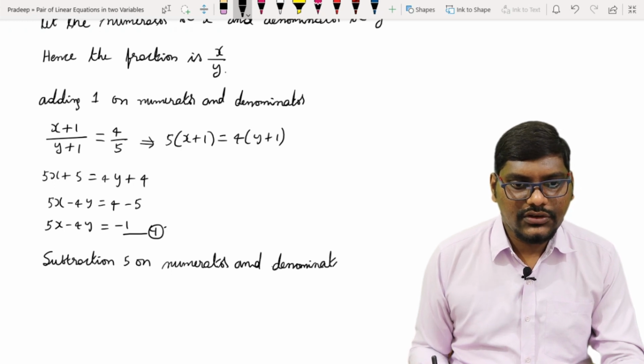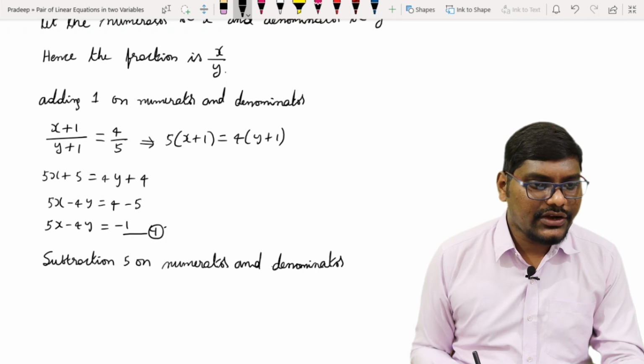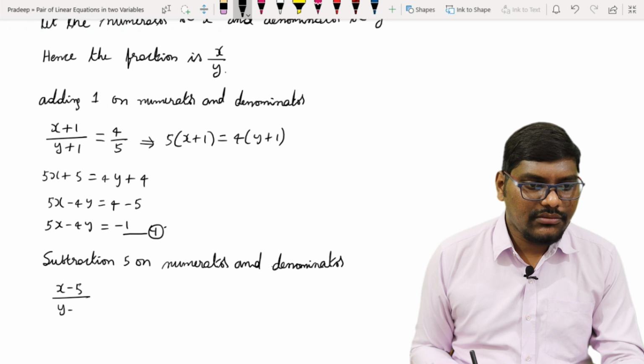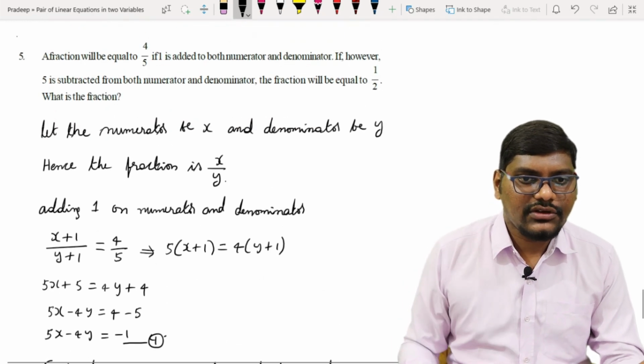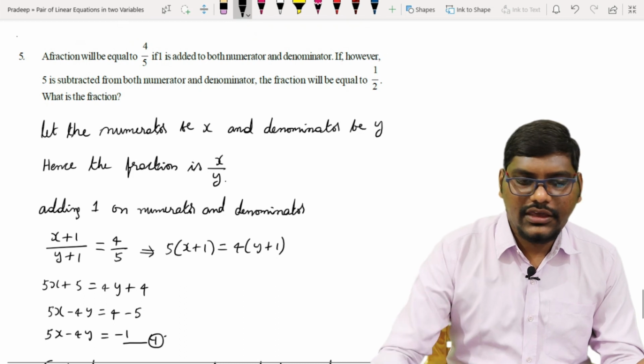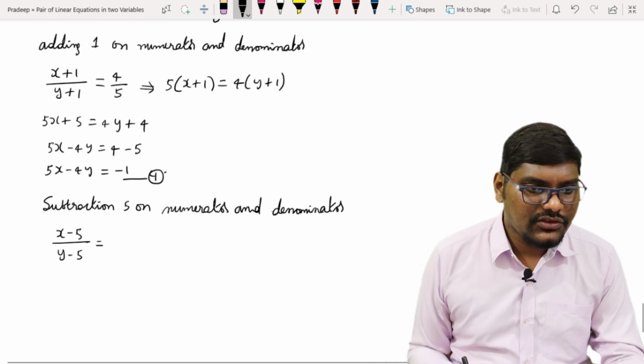So I can write (x minus 5) by (y minus 5) equal to, what have they given for subtraction? It was 1 by 2.